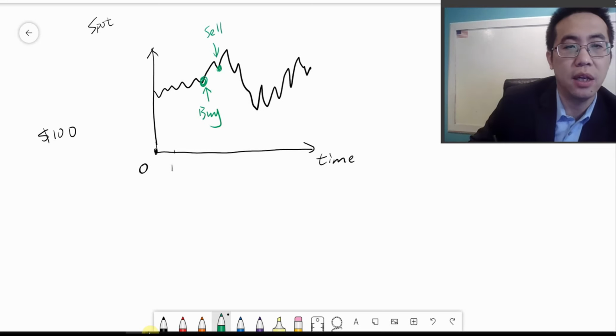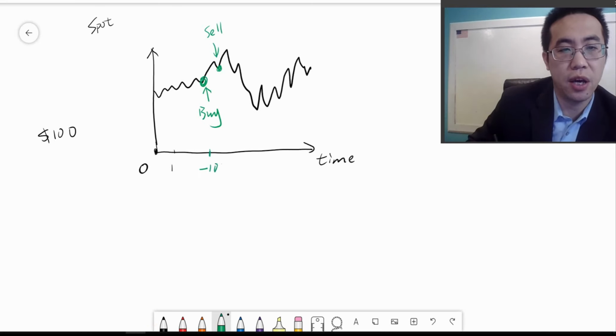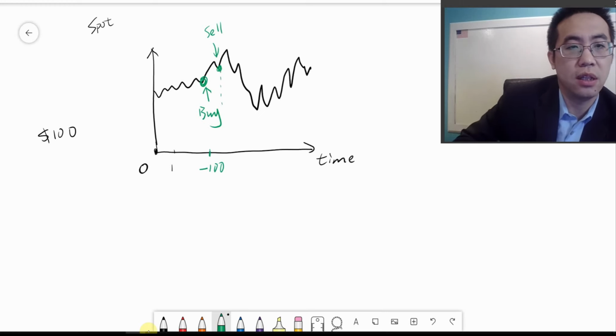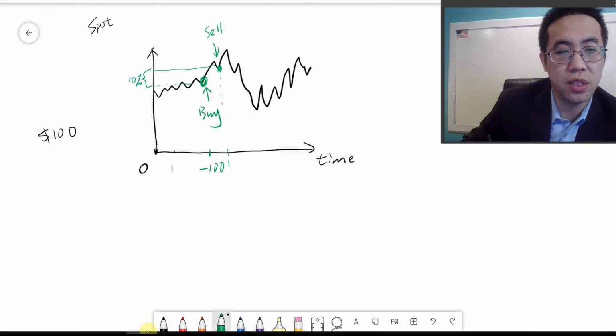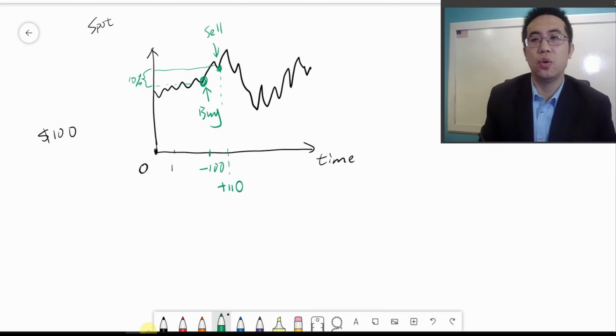So you buy this day, you pay $100, and right here you sell. Let's say this euro appreciated by 10%. This is a 10% increase. So how much do you get when you sell? You will receive $110. So that's how much money you would make.